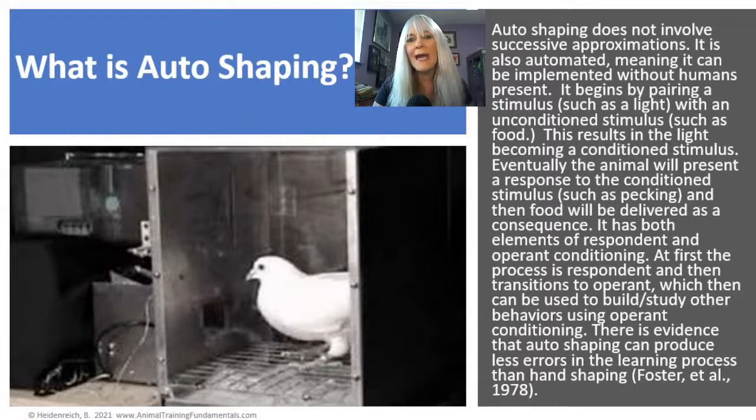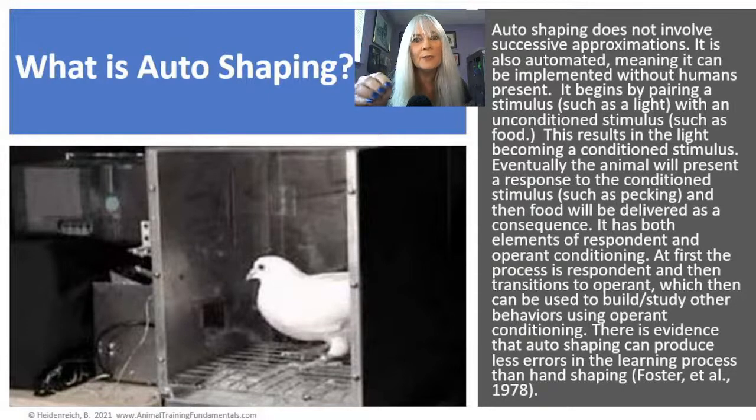And what starts to happen is that the pigeon starts making the association that when the light goes on, food is delivered. And what tends to happen is some sort of modal action pattern, some sort of behavior of orienting towards that light begins to happen.